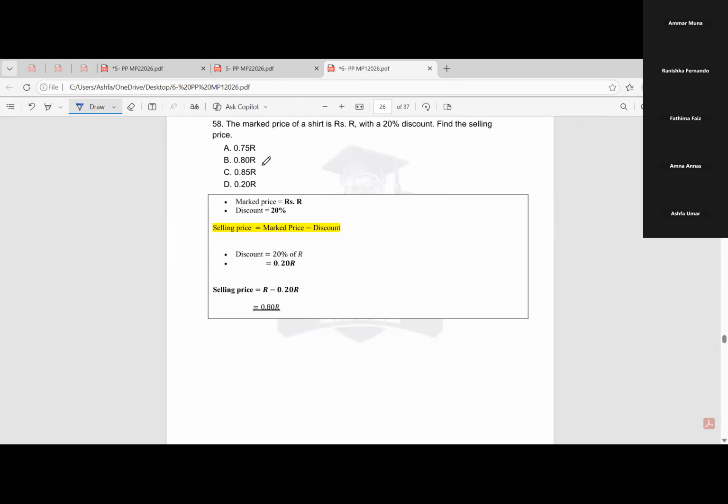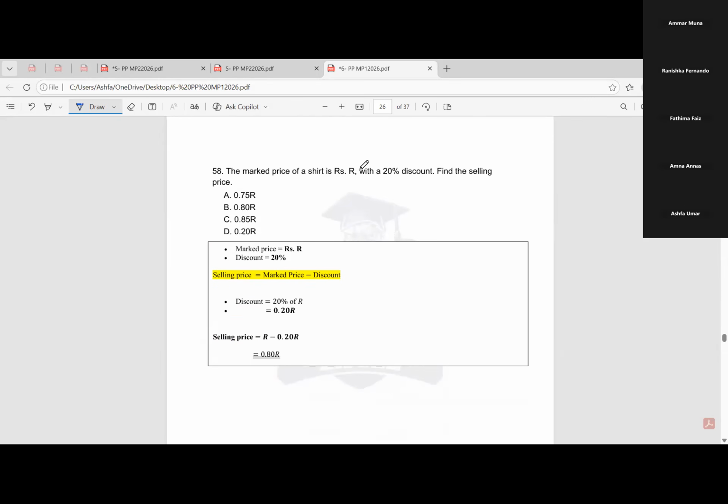So here again, this is the same type of question we discussed earlier. The market price of a shirt is R, and the discount is given, and it asks to find the selling price. The selling price always equals the market price with the discount deducted.